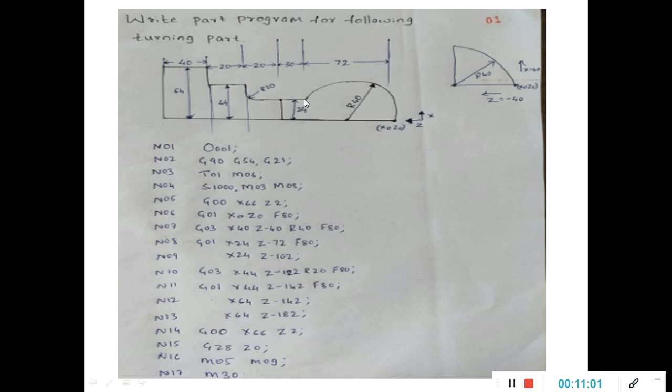So from this point to this point, you move with G01. The coordinates of this point are X the same 24 and Z value minus 102, which is 72 plus 30.